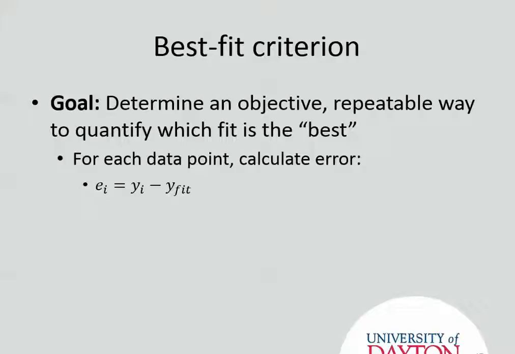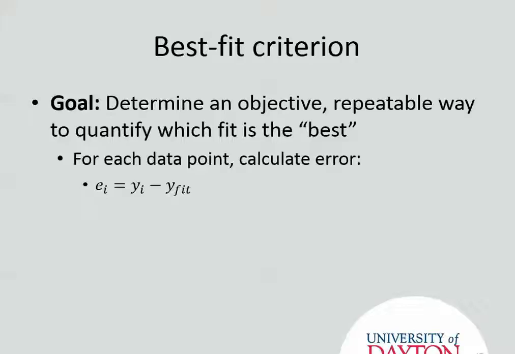So if I were to draw my x and y axes. For this problem, I have velocity on my x-axis, I have force on my y-axis, and I have a bunch of different points, whatever they might look like. And then I fit my curve to my data.